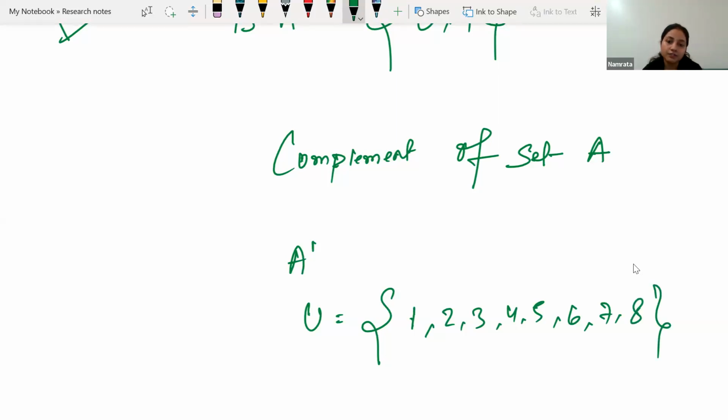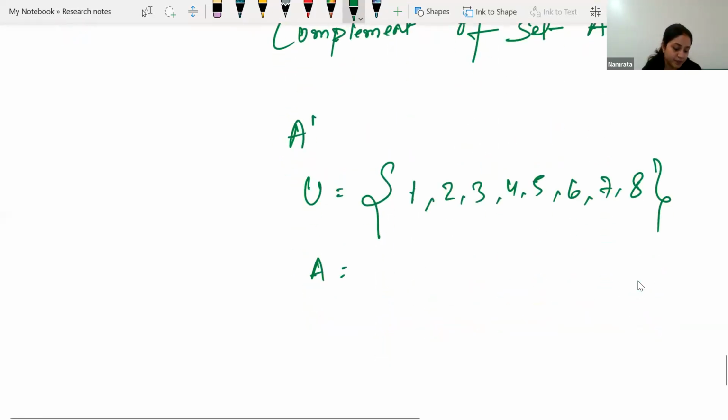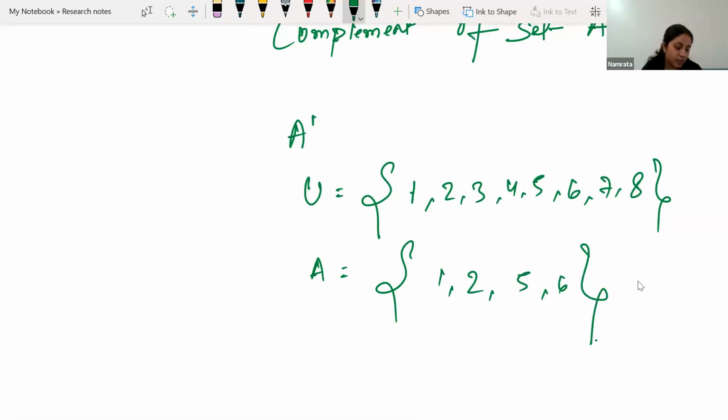And if set A is 1, 2, 5, 6, then when we write the complement of A, we will write all the elements from the universal set, but those elements must not be there in set A.